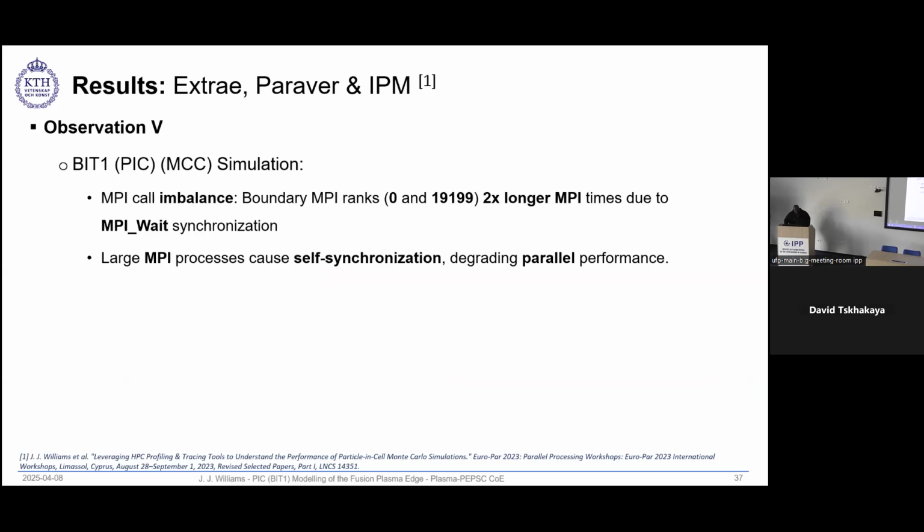So what did we observe? We saw that those two ranks at the end, those boundary ranks, take 2 times longer than the others, and it's due to the MPI wait, so it's waiting. And the large MPI process causes self-synchronization due to parallel performance.